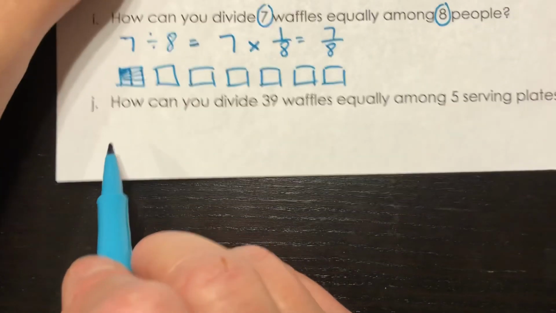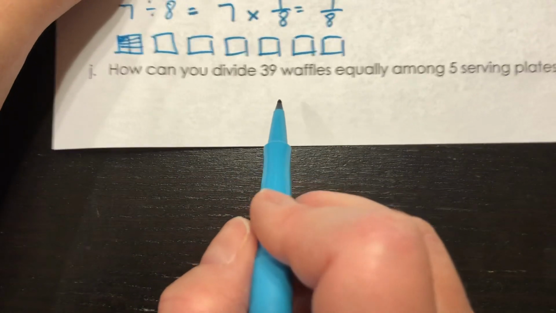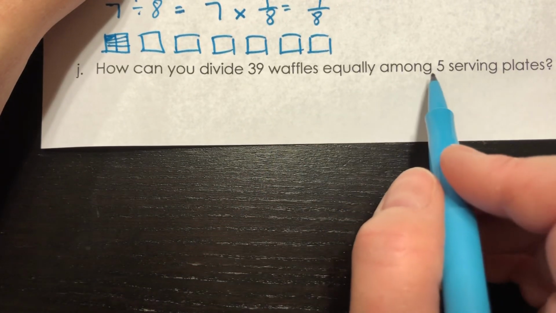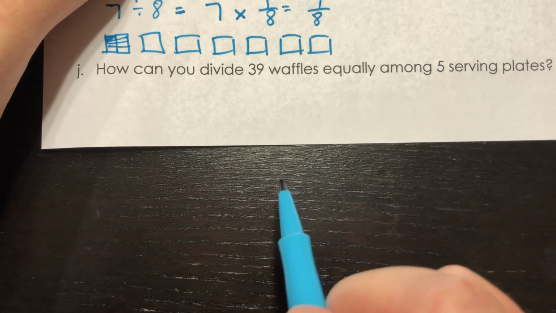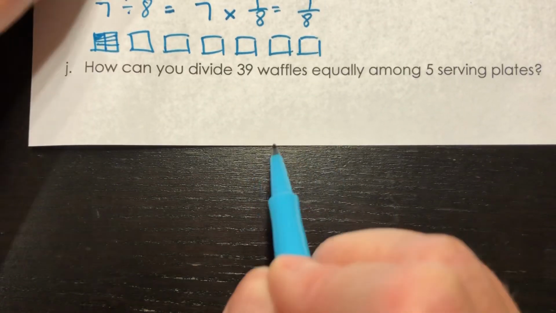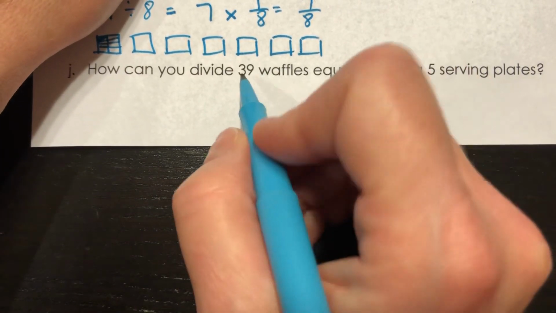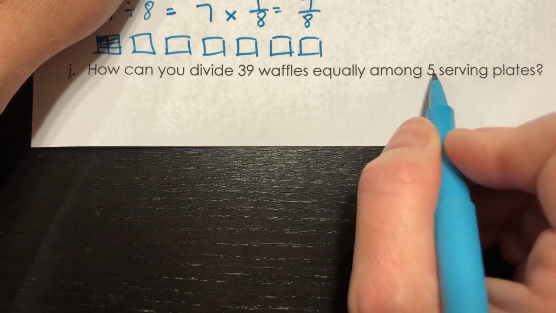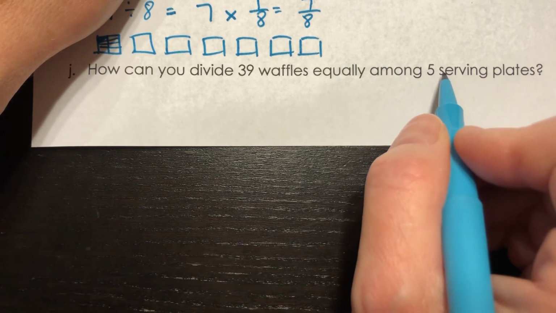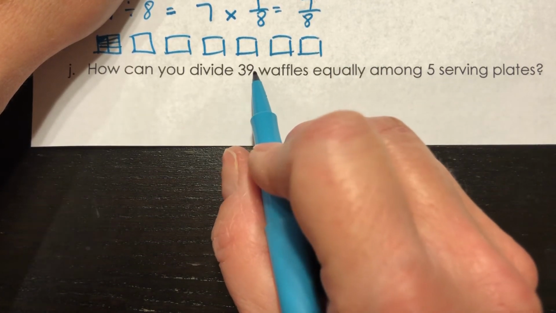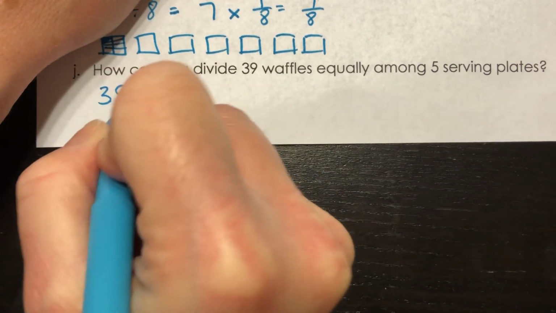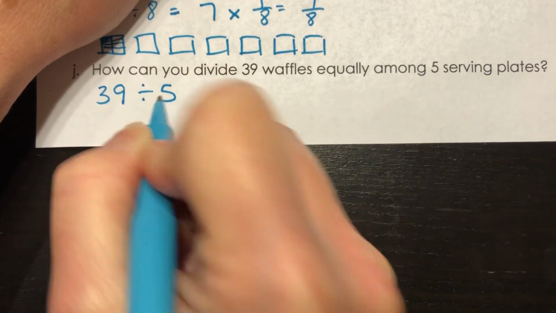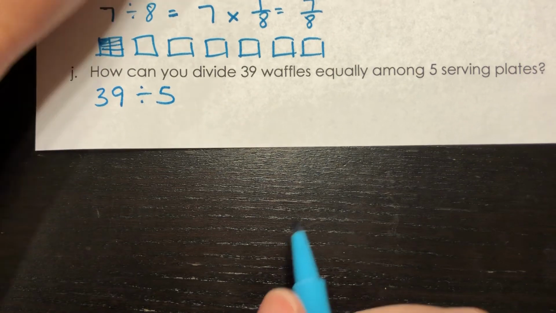Okay. Letter J, how can you divide 39 waffles equally among 5 serving plates? So I want to take 39 waffles and divide them equally among 5 serving plates. So I want to do 39 divided by 5, right? Picture this.